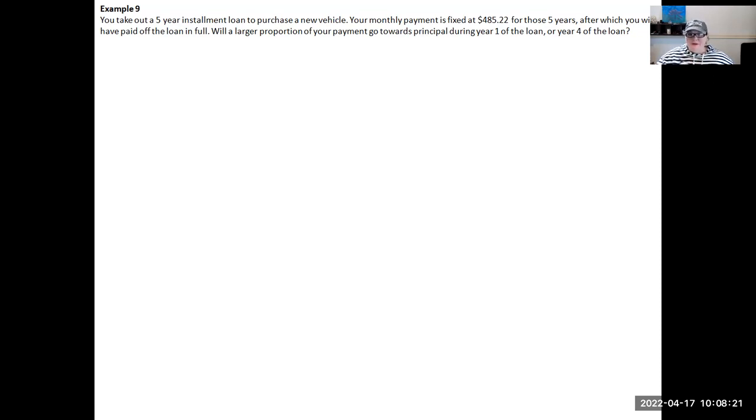Your monthly payment is fixed at $485.22 for those 5 years, after which you will have paid off the loan in full. So here's the question. Will a larger proportion of your payment go towards your principal in year 1 of the loan, or year 4 of the loan?